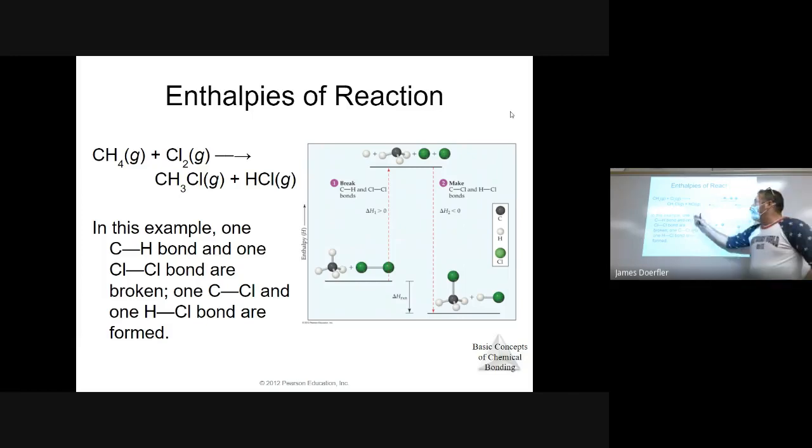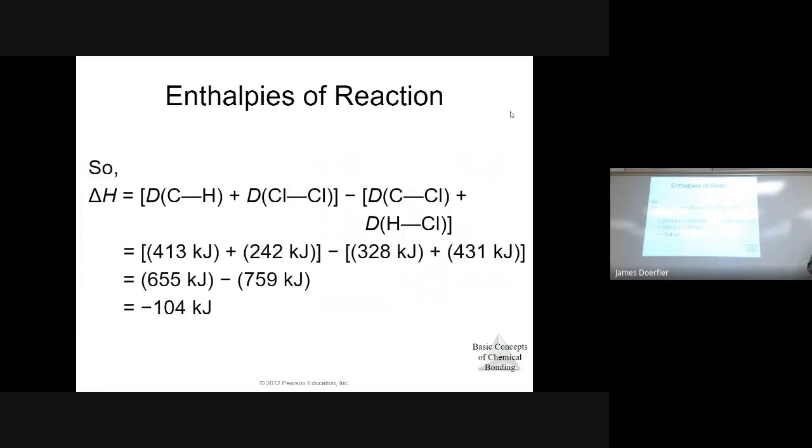So we had a single carbon to hydrogen bond broken and a single chlorine to chlorine bond broken. But then we had the formation of one carbon to chlorine bond made and the formation of one hydrogen to chlorine bond made. So we do a kind of intermediate setup.